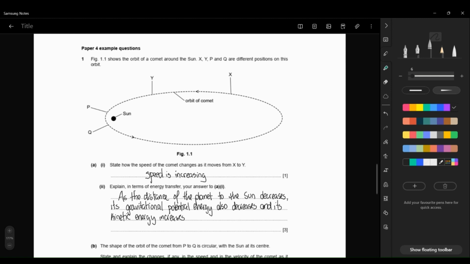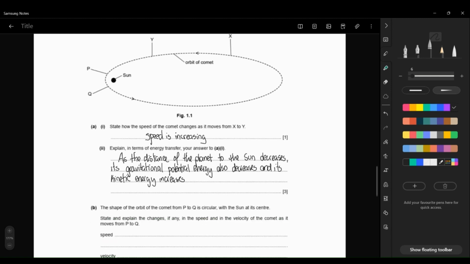So you are ticking here the three boxes corresponding to the three points, stating that the distance of the planet to the Sun decreases, that's one. The gravitational potential energy also decreases, that's the other one. And the kinetic energy increases, that's the final one.